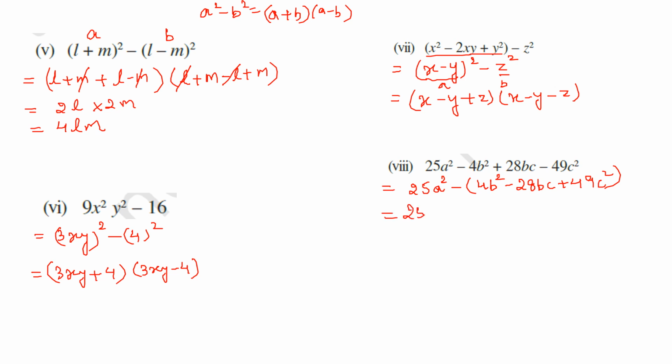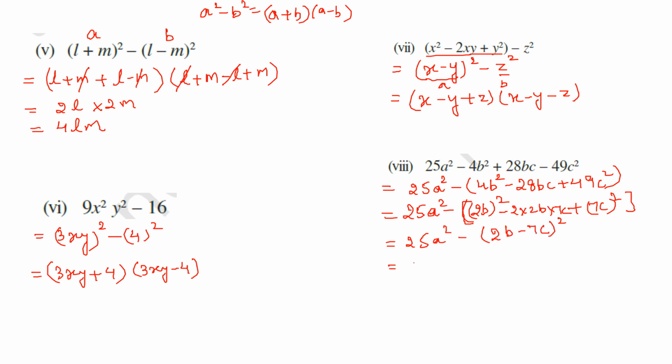Now 4B square, I can write it as 2B whole square. 49C square, I can write it as 7C whole square. Now minus of 2 into 2B into 7C. If you check, 2 2s are 4, 4 into 7, 28. So here I can see now it is in the form of A minus B whole square, which is 2B minus 7C whole square.